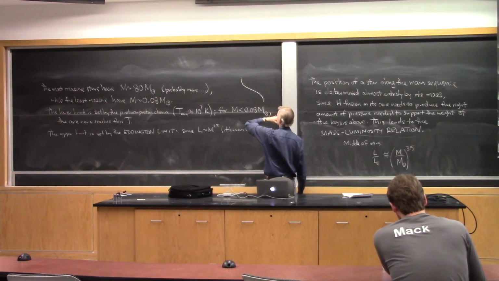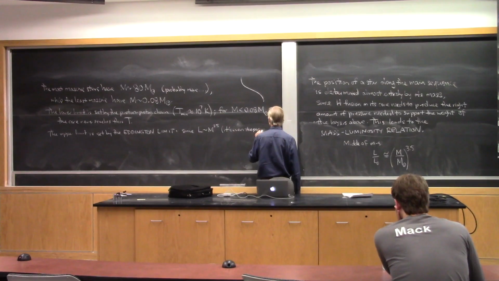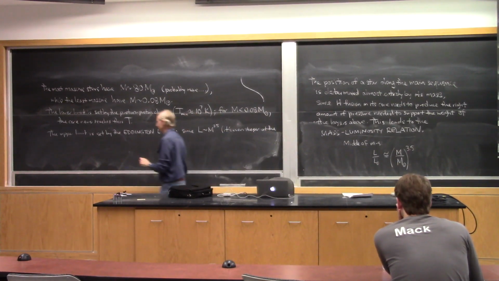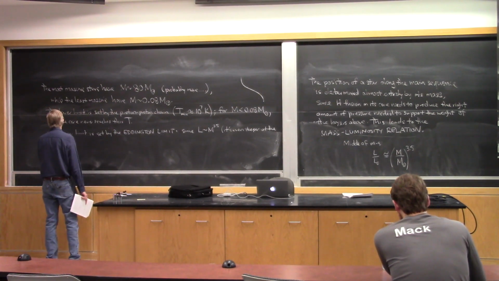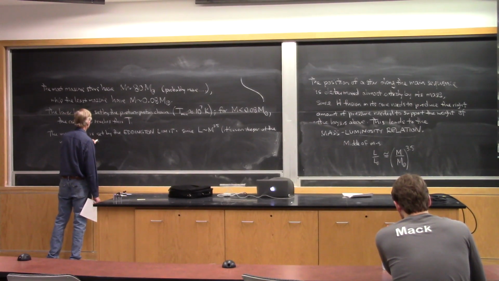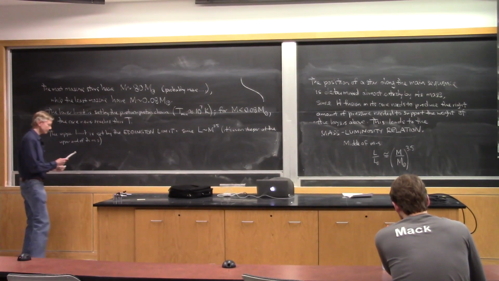It's kind of a sigmoid instead of a straight line on the diagram. So it's kind of hinted at by that. It's even steeper at the upper end of the main sequence.